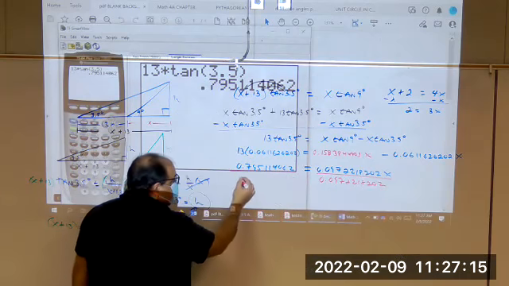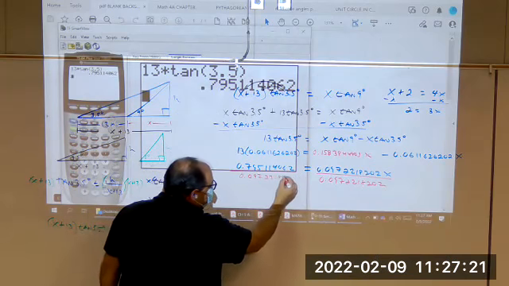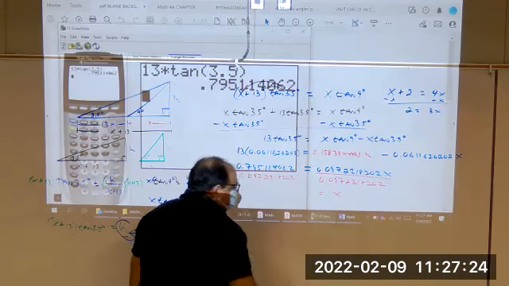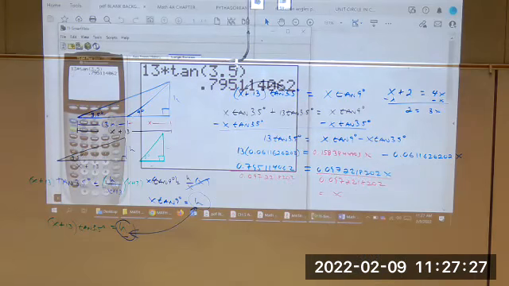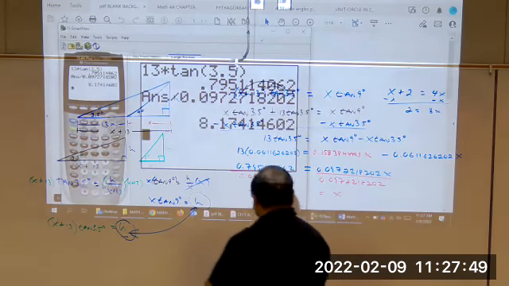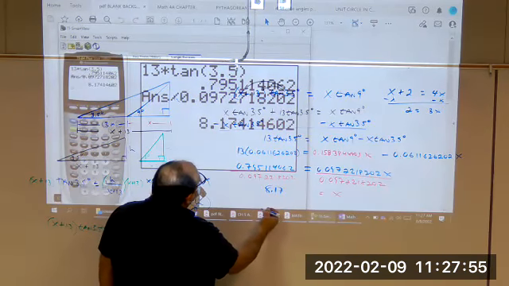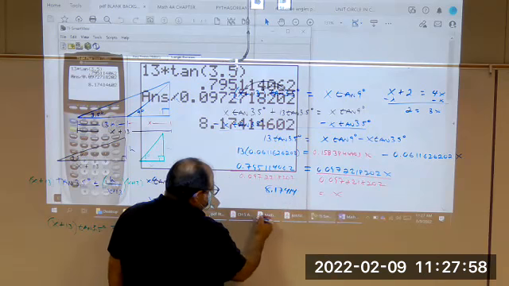Yes, you should be using all these decimals because you need to be accurate and you round at the end. And we get x equal to 8.17414602.